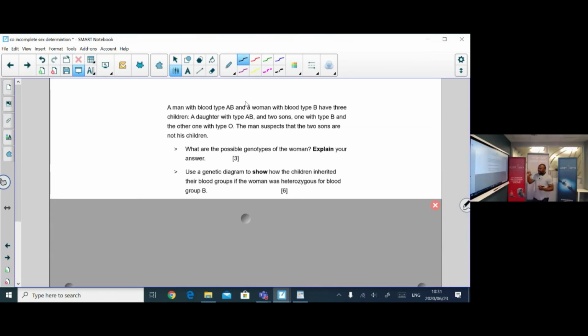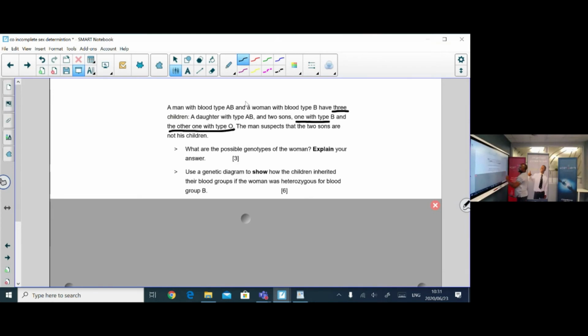Interesting. I'll mention something concerning this tomorrow, where some of you normally get confused. A daughter with type B, 2 sons, one with B and the other one with O.